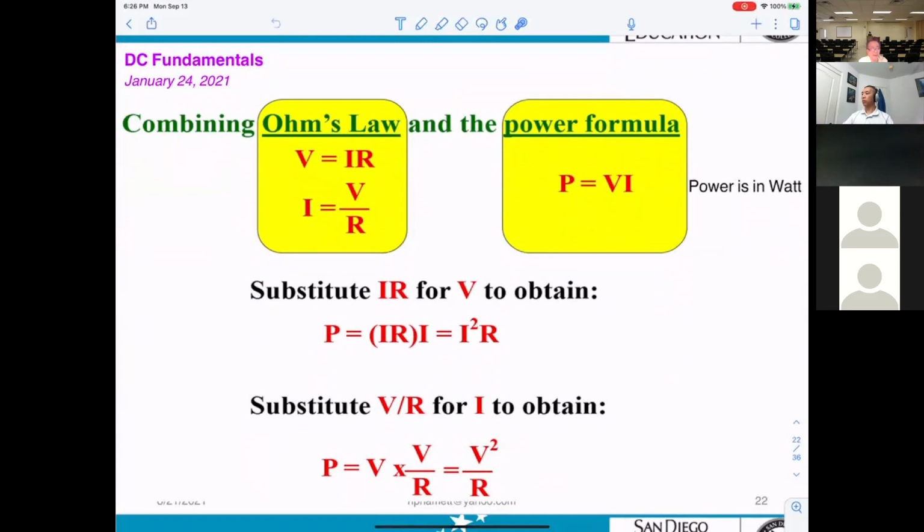Only thing is, in this formula, the unit of V must be volt, I must be ampere, and P will be in watt. Okay? So if you get milliamp or millivolt or whatever, you have to convert it to volt or to ampere.